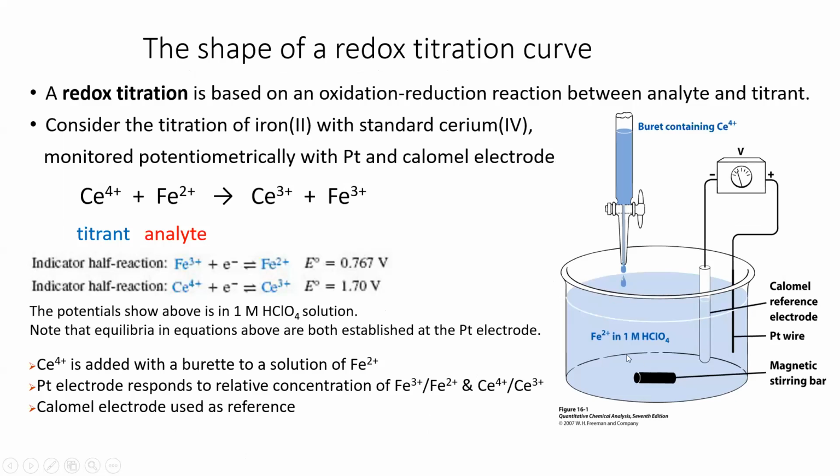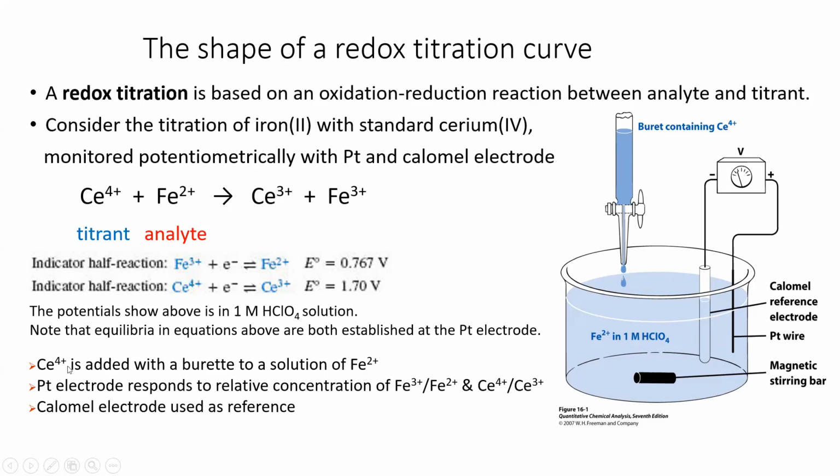So now, looking further into this equation, a redox titration will be set up between this analyte and the titrant. Remember, your titrant is in your burette, and your analyte is in this reacting vessel. So we have the half equation for iron 2 to iron 3. This is the potential. For the reduction half equation, we also have the potential as this. And this potential is in 1 molar HClO4 solution.